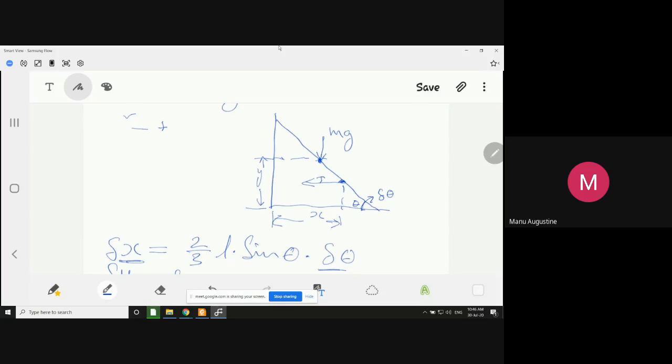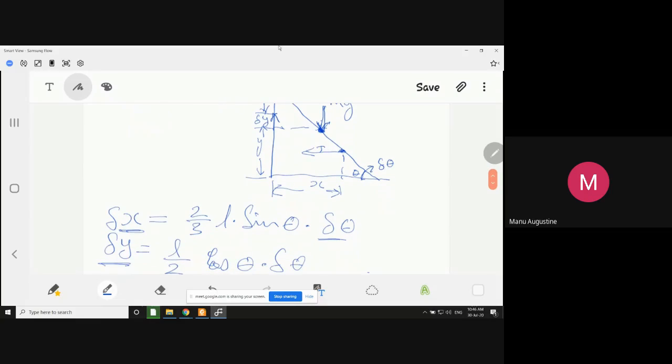Now just look at the figure and tell me, if I increase theta, what will be the motion of this point at which mg is being applied? Will it move upwards by delta y or downwards by delta y? So upward by delta y. So this point will move a little bit upwards by, let us say, delta y. Now delta y is upwards, mg is downwards. What is the work done by the force mg when it is moved upwards by delta y? Give me the value of virtual work of mg.